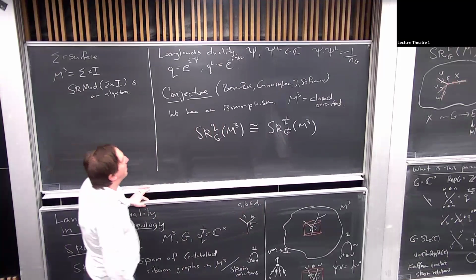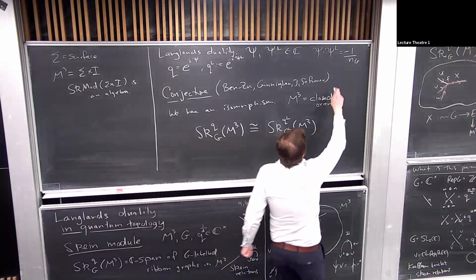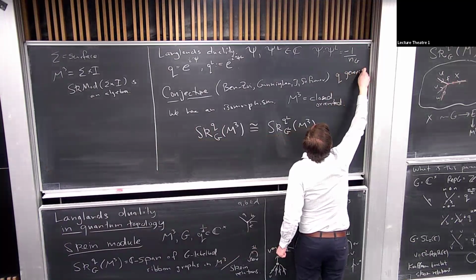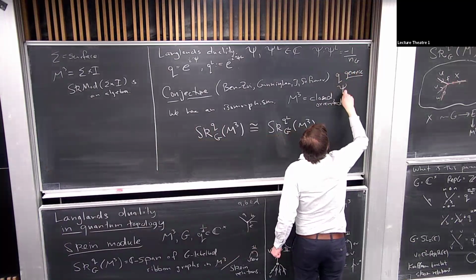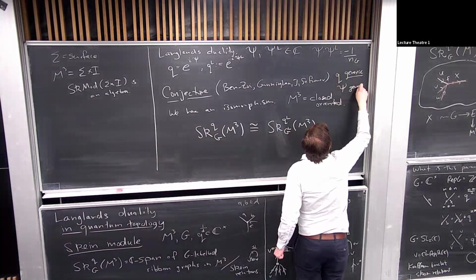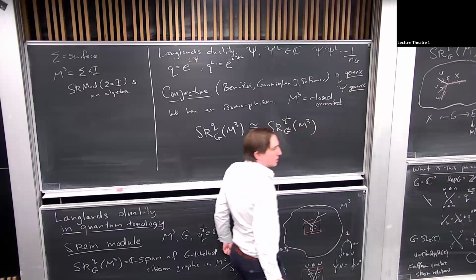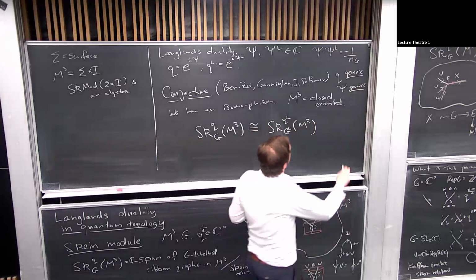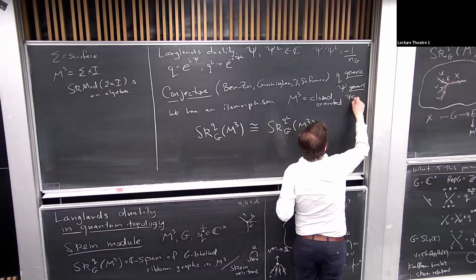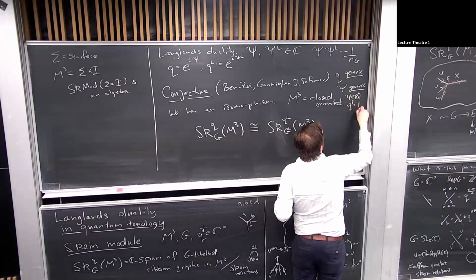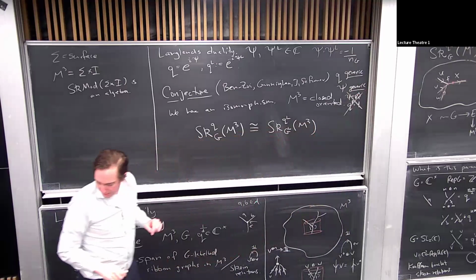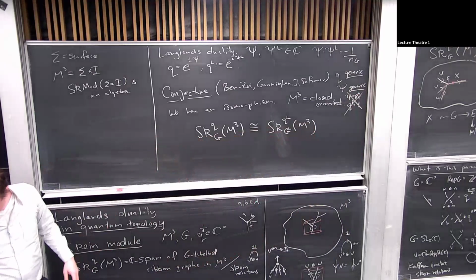But very important here, this is only to hold when q is generic, or equivalently when psi is generic. A place where this definitely does not hold is if psi is rational. That corresponds to q being a root of unity, and those are places where it's known that it breaks.